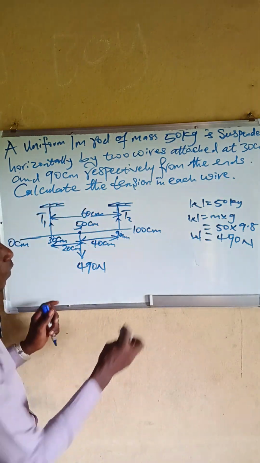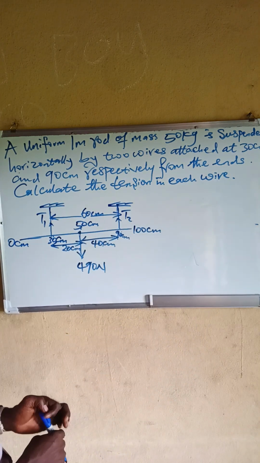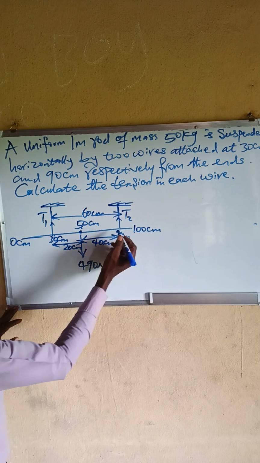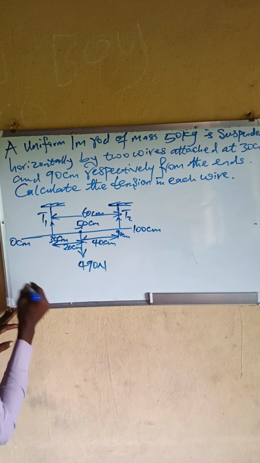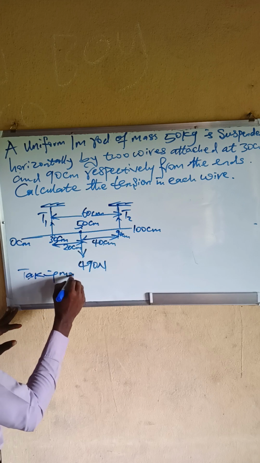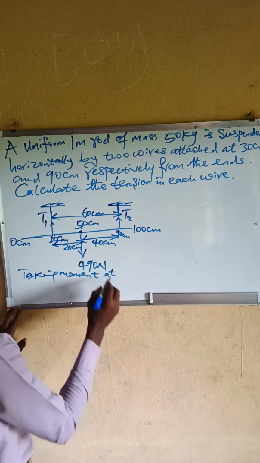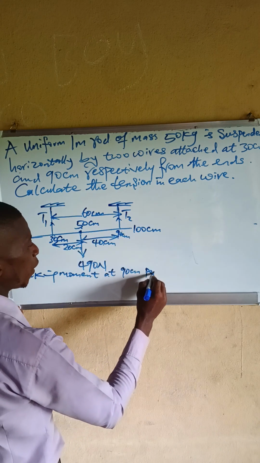So let us follow the first condition that says the sum of the clockwise moments must be equal to the sum of the anti-clockwise moments. Let's take our moment at the 90 cm point.